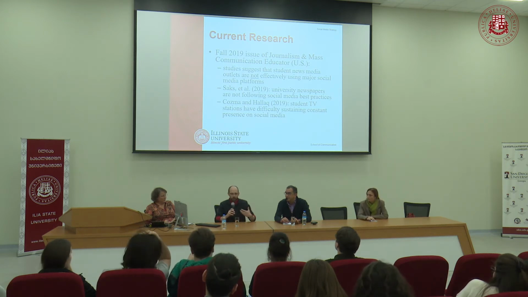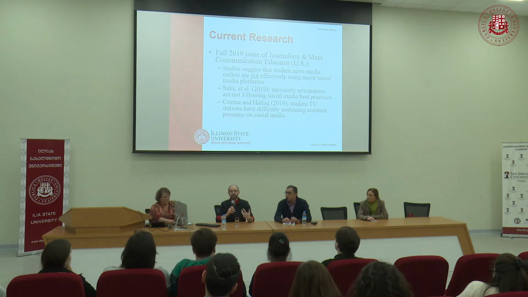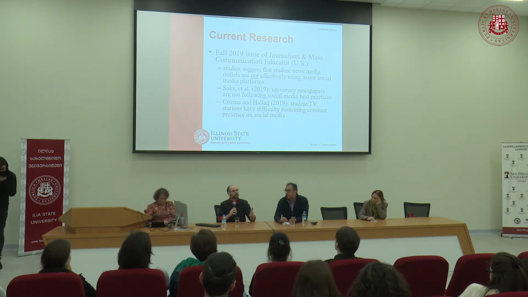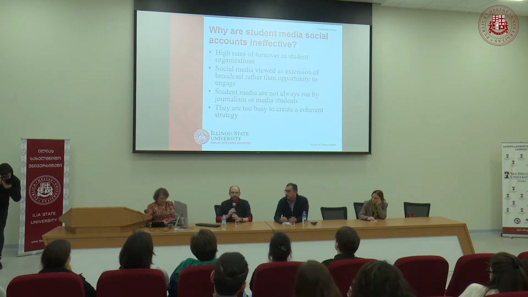They know how to create good journalism, but they don't know how to use social media to spread that journalism widely. Two studies just out of a recent publication say that university newspapers do not follow best practices. Another one says that student TV stations using social media have a lot of difficulty sustaining a constant presence in those spaces. And those studies continued, and they really asked, why is this the case?